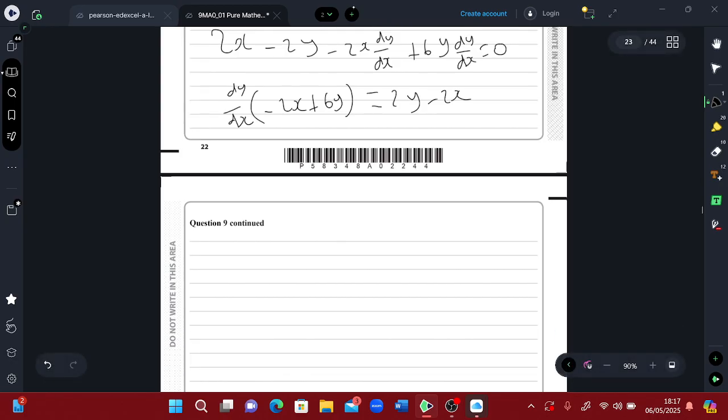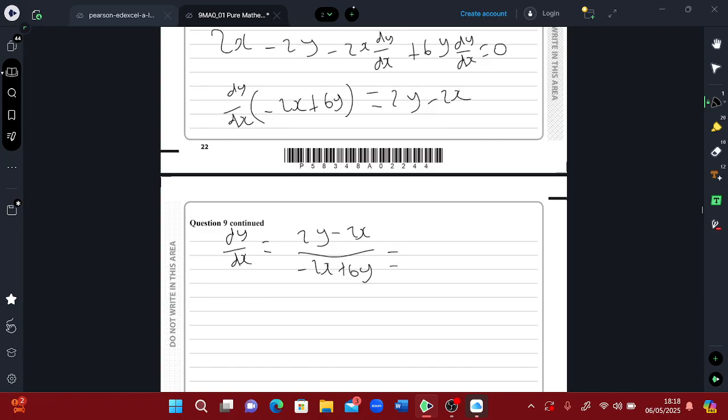And then you can divide through to get dy dx on its own: 2y minus 2x over minus 2x plus 6y. Now, everything's a factor of 2, so divide through by 2: y minus x over minus x plus 3y.